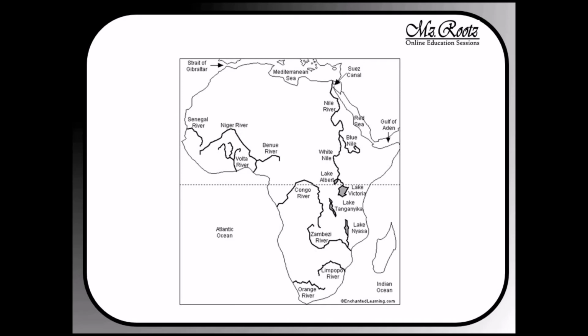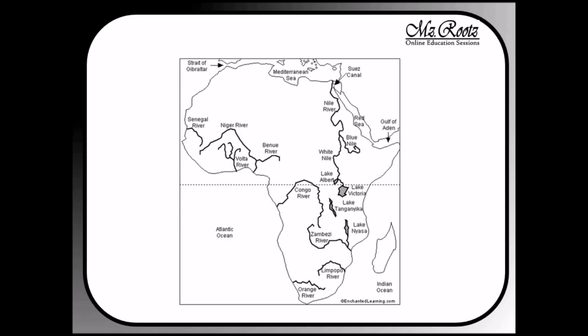So let's zoom in closer into the continent of Africa and take a look at its rivers. There are quite a significant number of rivers, and these are only the main ones. I think it's interesting to note how rivers are actually formed.